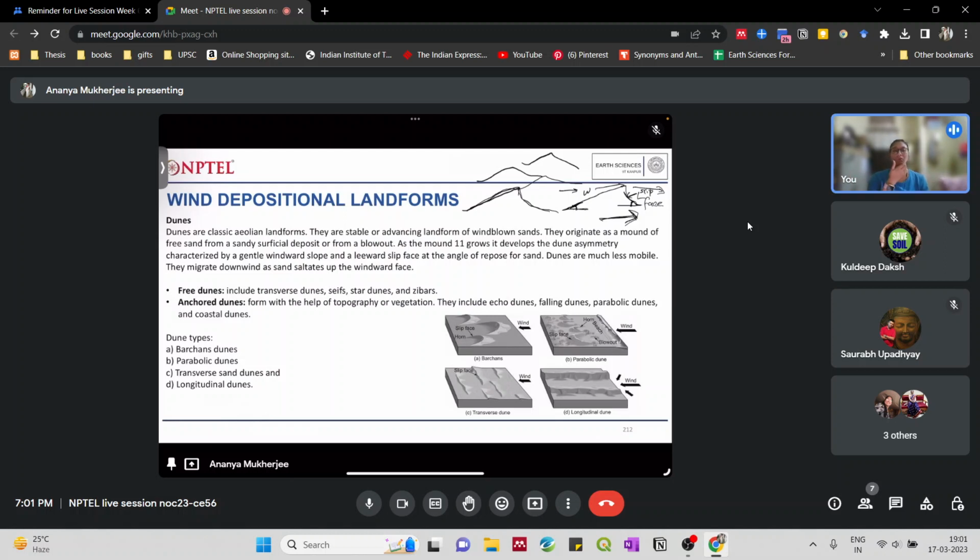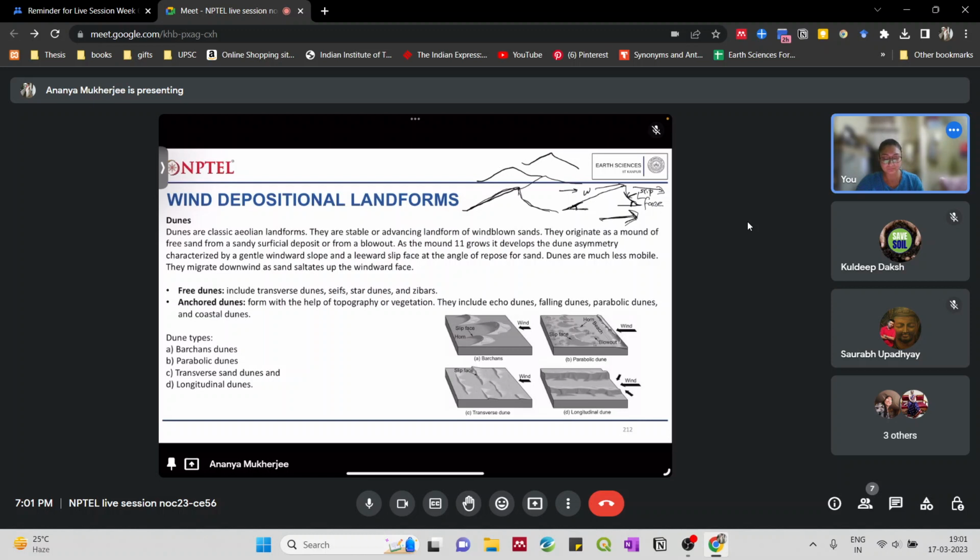Examples of that are parabolic dunes and coastal dunes. These are some of the most common examples of anchor dunes. The types of dunes that are most commonly seen are Barchan dunes, parabolic dunes, transverse dunes and longitudinal dunes. So we will go one by one for these dunes.